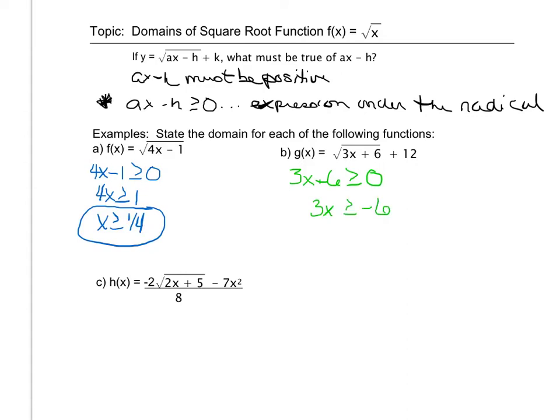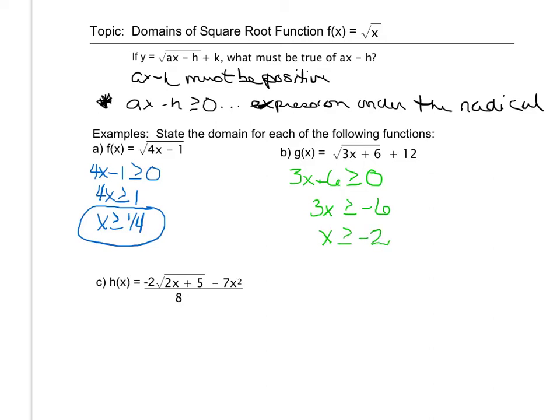I do not have to flip my sign when subtracting or adding negatives, but I do if I ever multiply or divide both sides of an inequality by a negative. Please don't forget to flip your sign. It doesn't matter what the context is you're working in. From here, I can then divide by 3, giving me x is greater than or equal to negative 2.